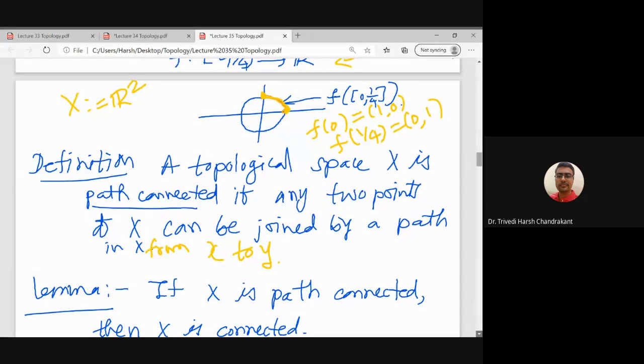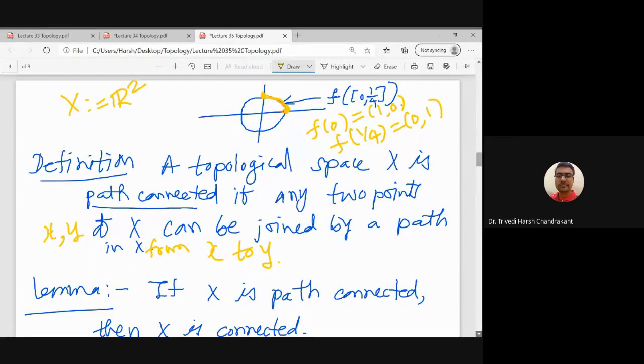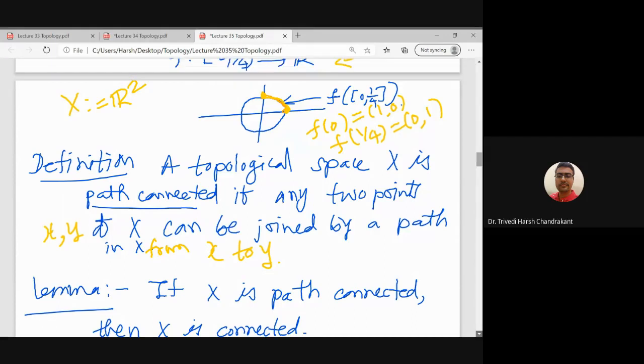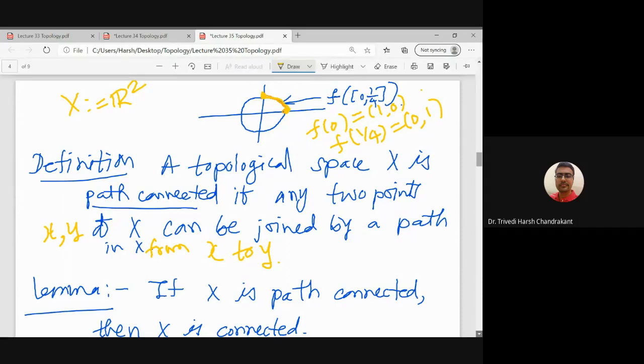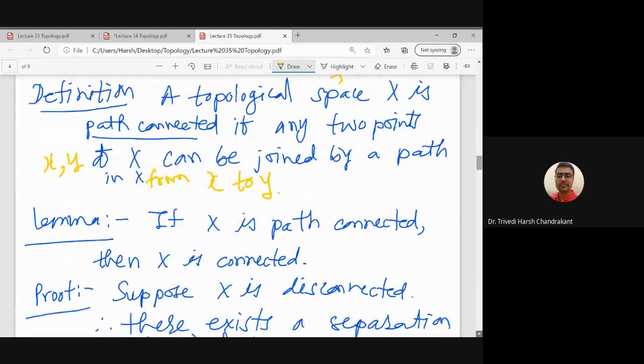Any 2 points x, y of capital X can be joined by a path in X from x to y. Then such a topological space X is known as a path connected space. And we will show that every path connected space is always a connected space.